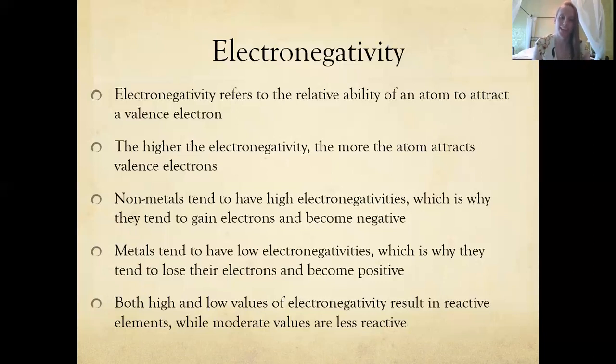With that being said, you can also compare different non-metals to each other or different metals to one another. The more extreme the electronegativity of an atom is, the more reactive it is. So atoms with really high electronegativities are really reactive, and atoms with very low electronegativities are very reactive.